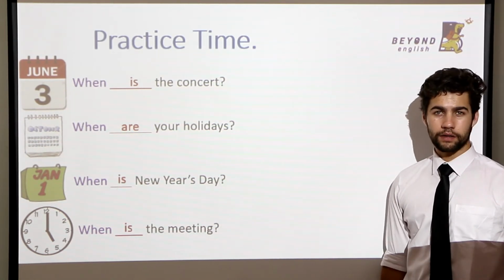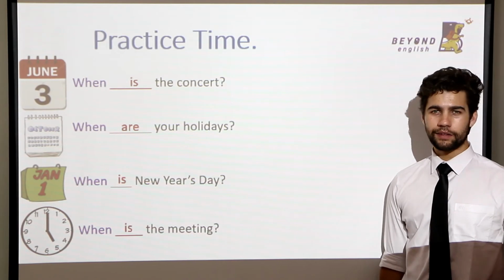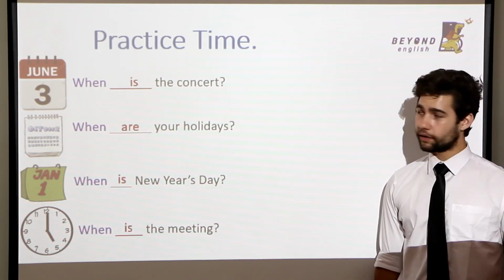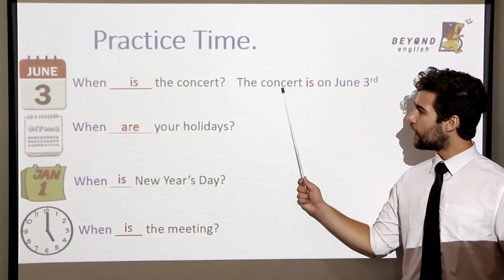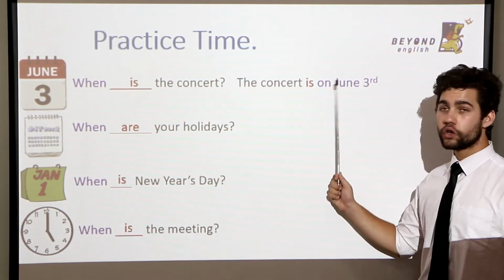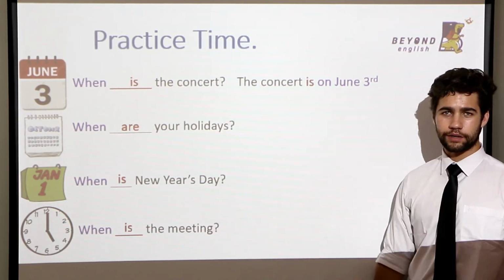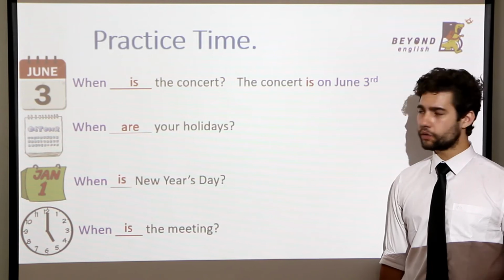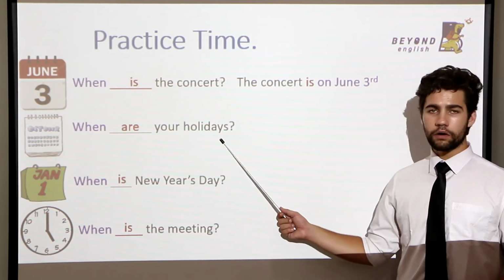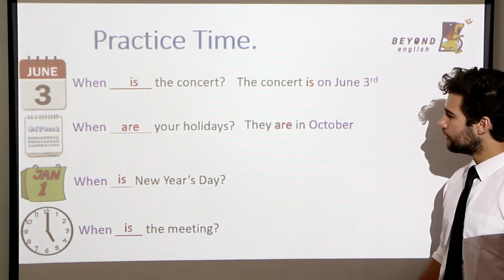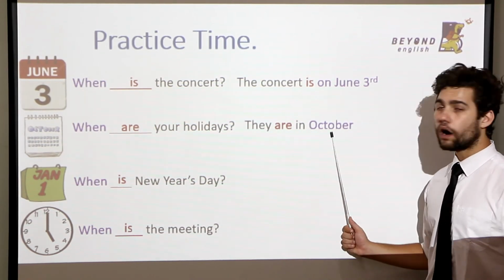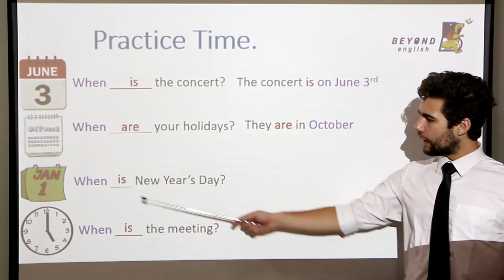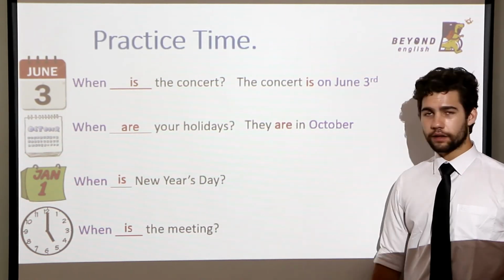Hey, welcome back. I hope you got it right. Let's check your answers. So, number 1. The concert is on June 3rd. Good. Now, number 2. When are your holidays? They are in October. Next, when is New Year's Day?